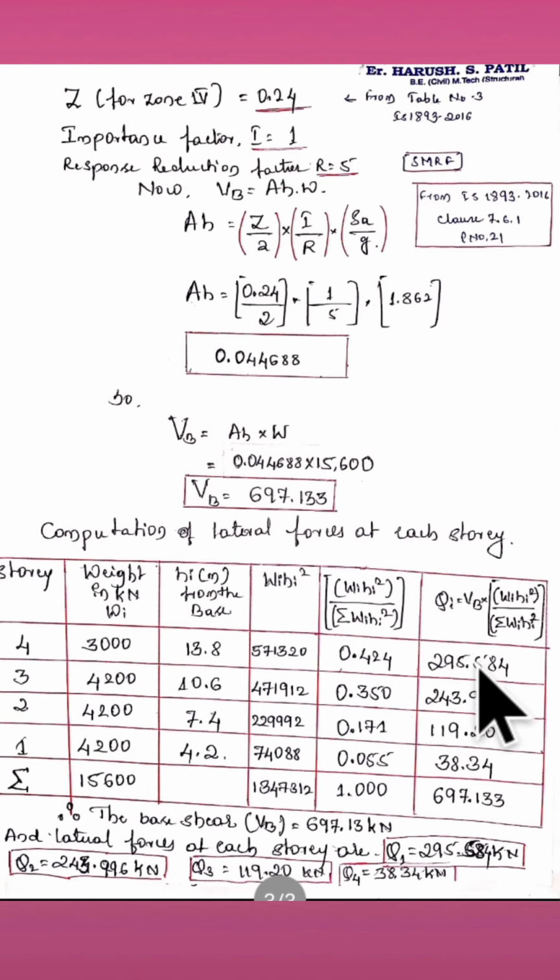Sorry, this is Q1, Q2, Q3, Q4. We have found Q1, Q2, Q3, Q4 here. These are your story shears. By this I conclude this video, and in coming video lectures I am going to solve some more problems on static analysis. Thank you.